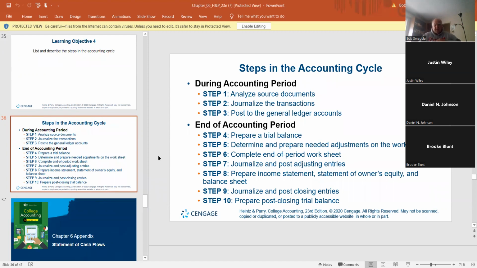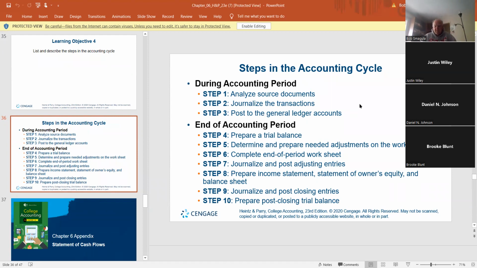It could be a cash register tape. It could be a purchase order, a sales order, an invoice, whatever it is. It kind of jogs us into a transaction. We analyze these documents, these requests, and we prepare the journal entries, and we post them to the general ledger.